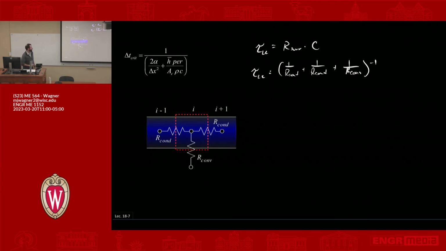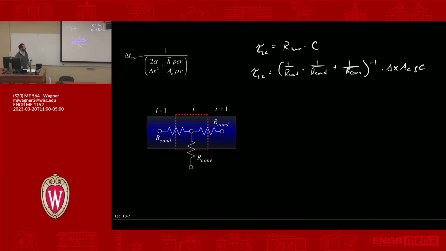That's our equivalent resistance to the surroundings. And then we multiply that by the heat capacity of the object, which would be C. Actually, let's just write that out. It is the volume, which is going to be delta x times A_c, times rho times c. Right? Delta x times A_c is the volume of this node.